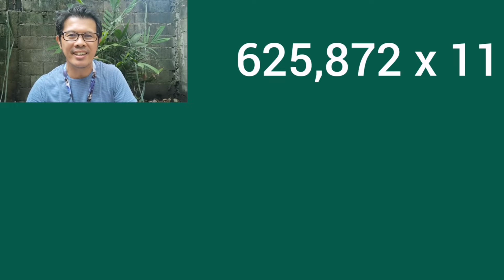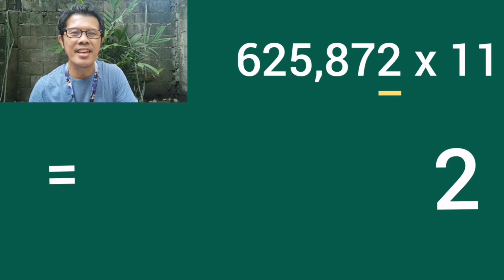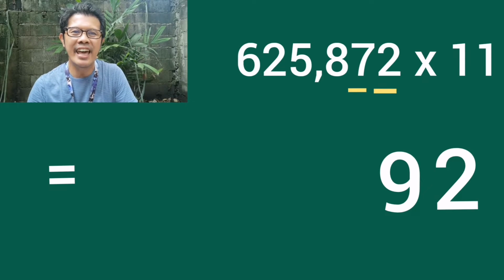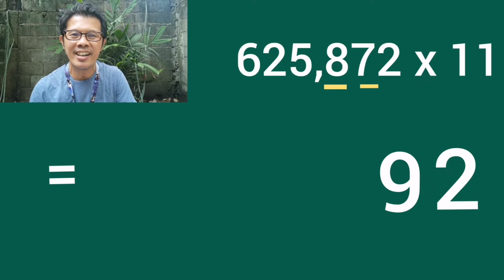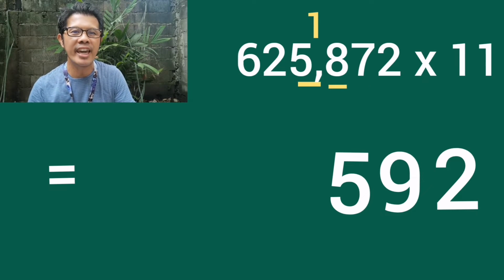In 625,872 times 11, the product can be obtained by, first, copy 2 as the units digit of the product. Then add 7 and 2, which results to 9. Next, add 8 and 7, which results to 15. From here, copy 5 as the hundreds digit. Then carry 1 to the sum of 8 and 5, which is 13, plus 1 is 14.